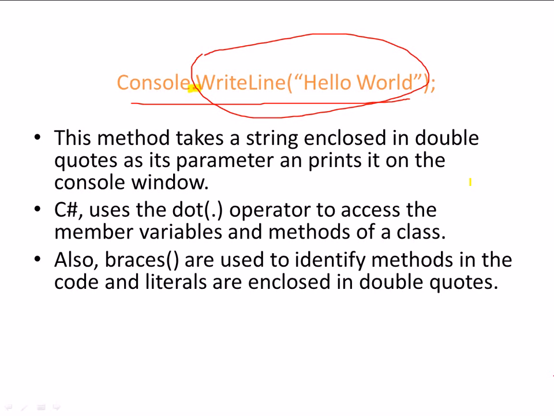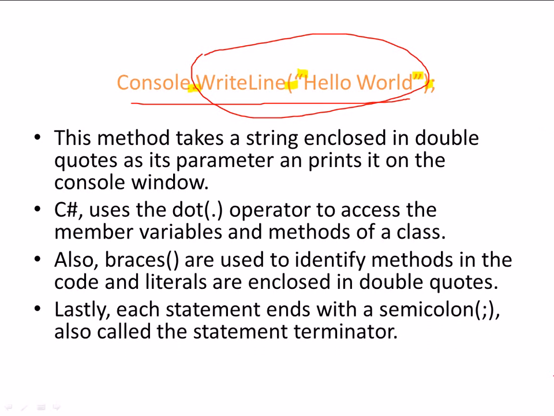Also, braces are used to identify methods in the code, and literals are enclosed in double quotation marks. Lastly, each statement in C# ends with a semicolon, also called the statement terminator.